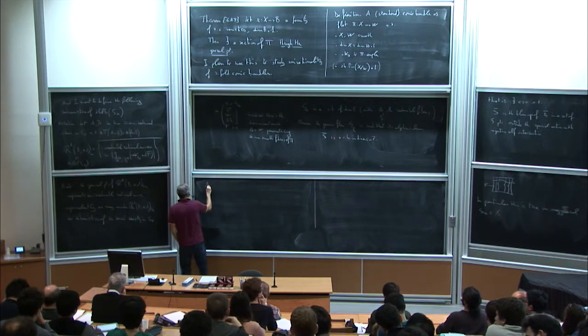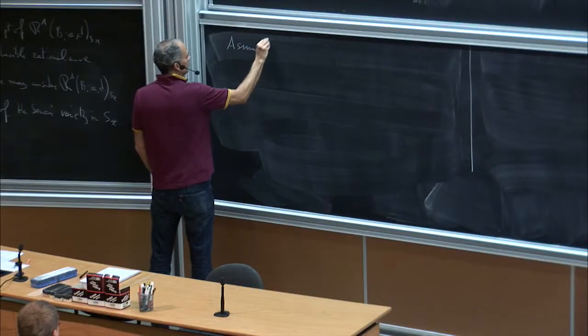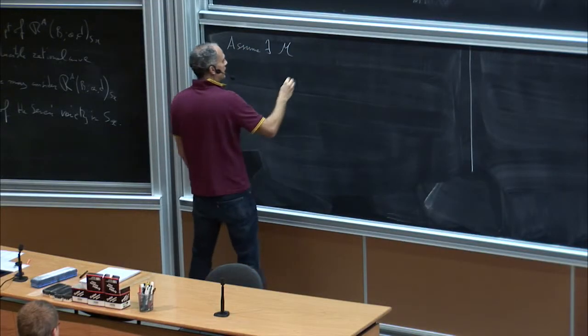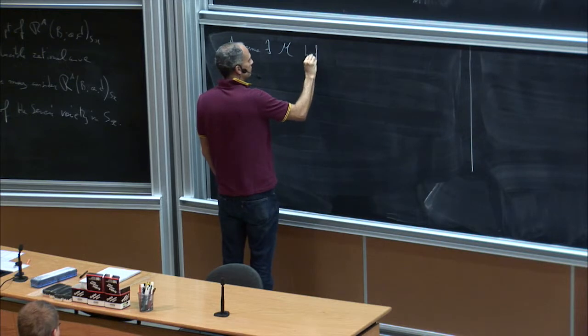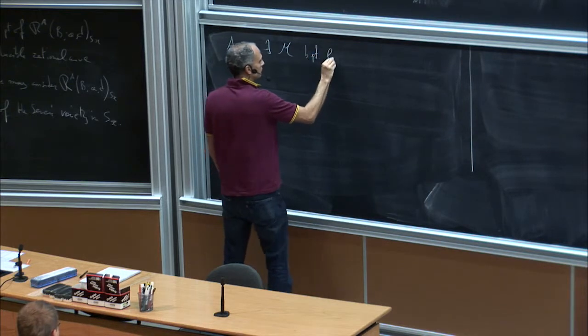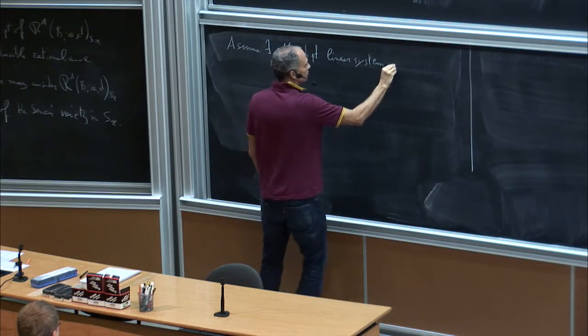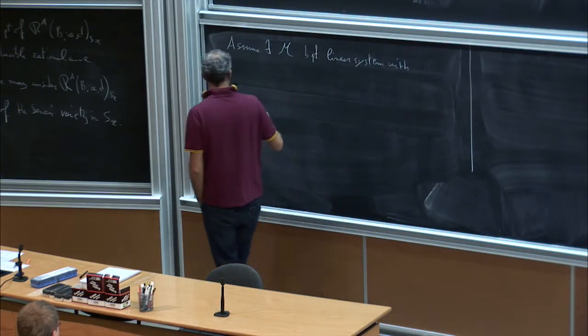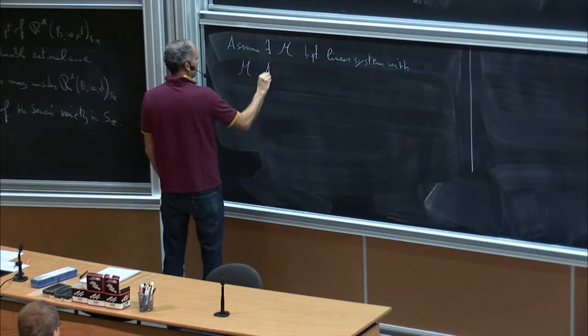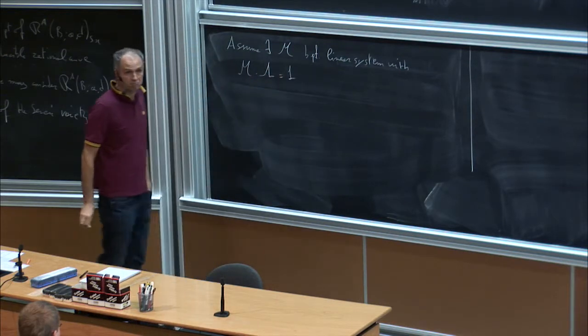So assume there exists a linear system M, base point free, with M dot lambda equal to 1. Okay.